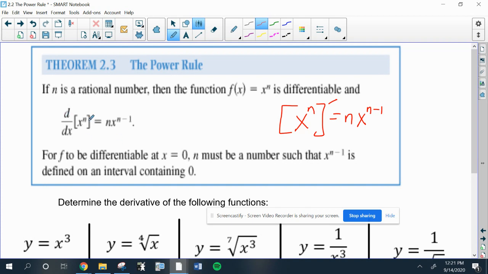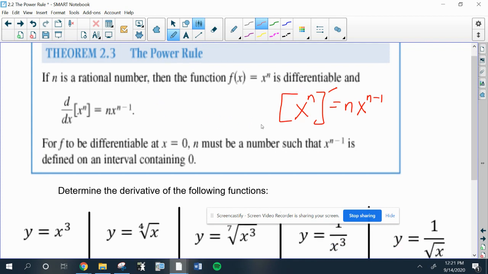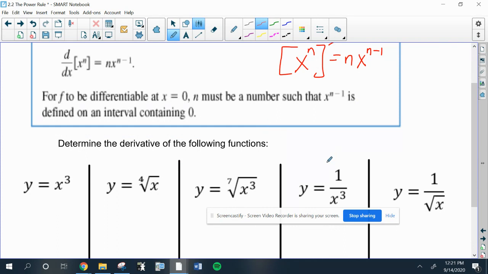In other words, you just bring down that exponent and then raise x to 1 less than it. That's it. But here's what makes differentiation hard. Taking the derivative of x to a power is fine. We have a good rule now, but that doesn't fit a lot of different functions, as you'll see.